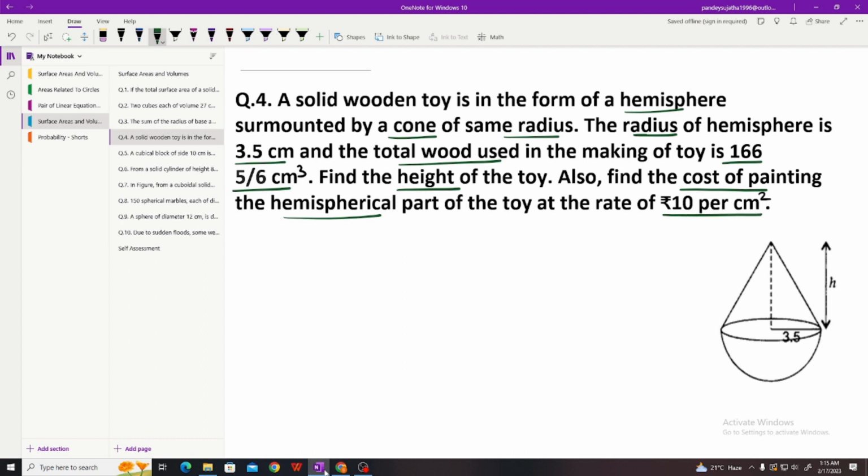So from this question we come to know that the toy is made up of a cone and a hemisphere whose radius is same, that is 3.5 centimeter. So we need to find the height of the toy where the volume of the toy is given, that is 166 5/6 centimeter cube. So let's solve.